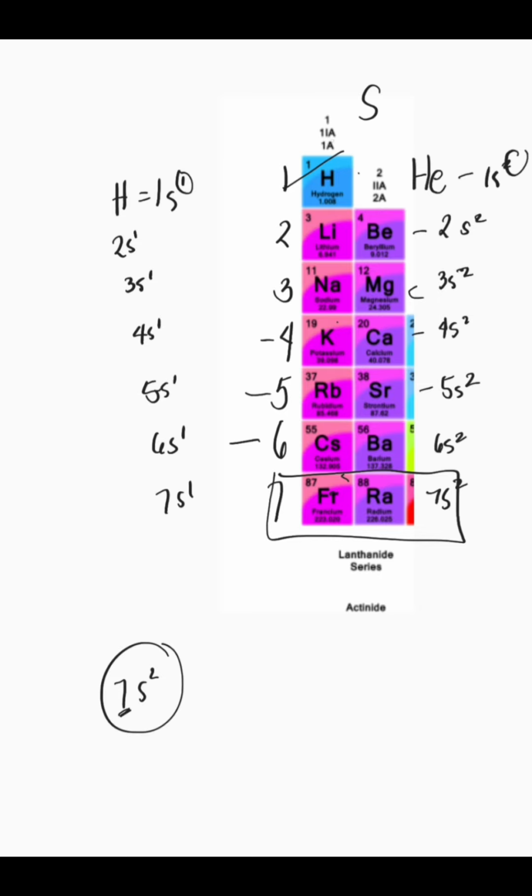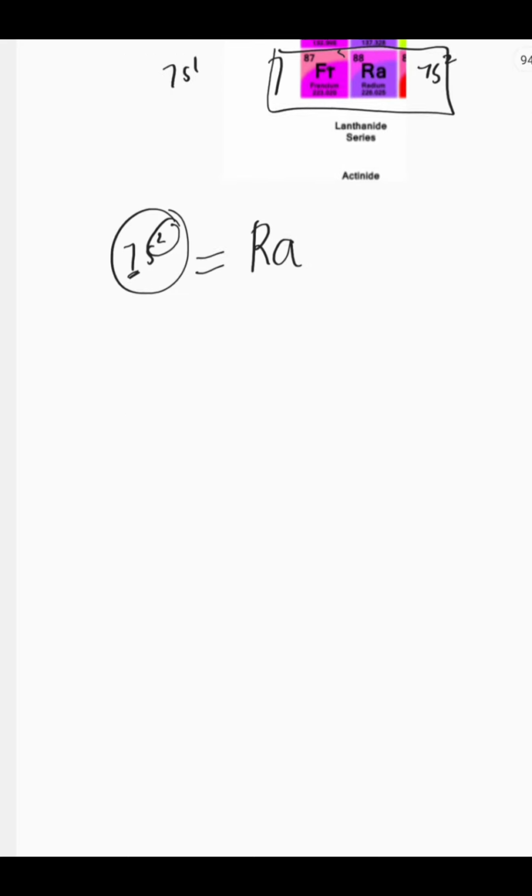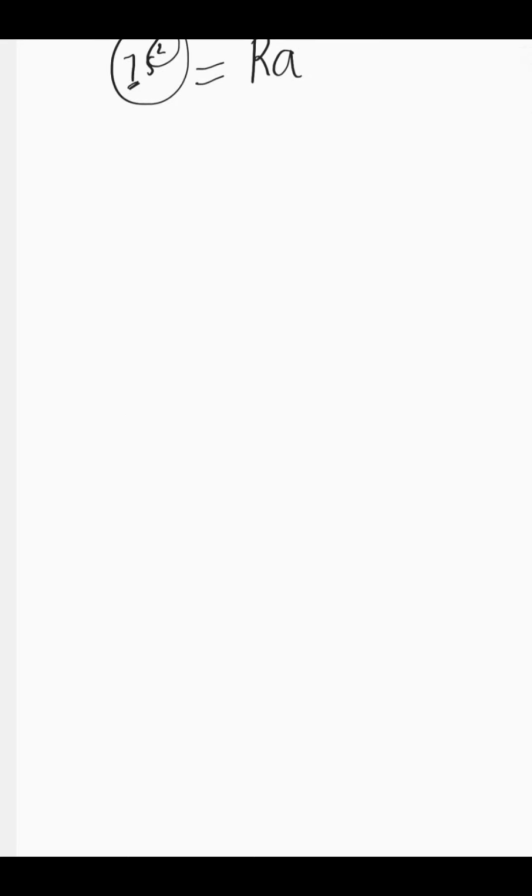So itong group na to. And then, what valence electron? 2. Ibibilangin mo na. 1, 2. So, automatic that the element is radium. Naiintindihan po ba? Okay? Radium. Alright. So, I think naintindihan nyo yan.